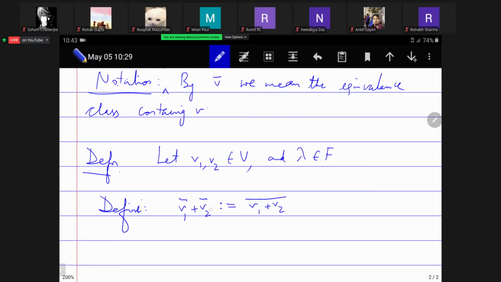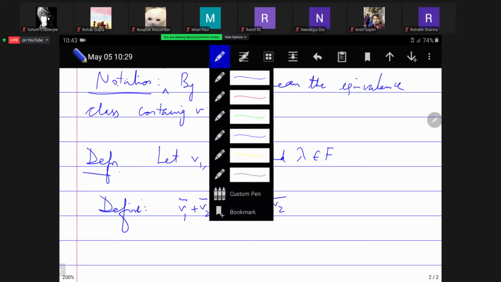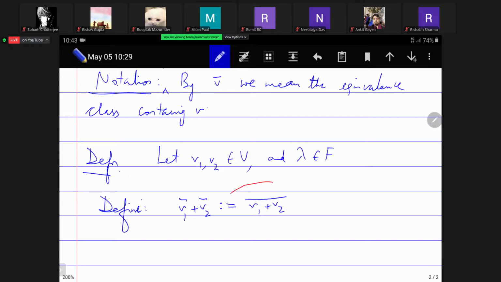Maybe we have done these things earlier, but let me emphasize this again: we are defining the addition in V mod W.